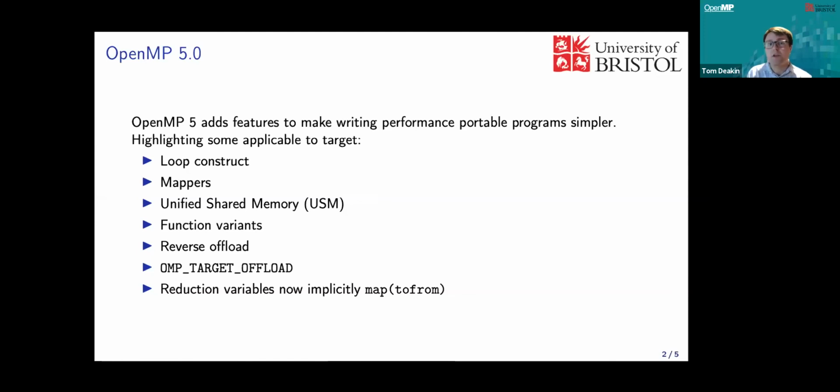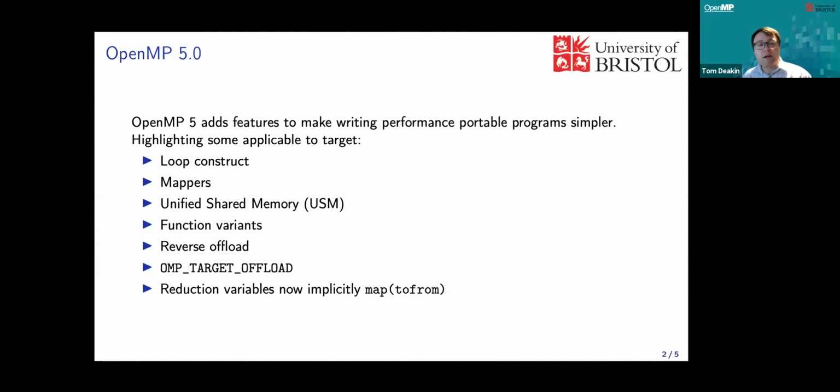On this slide, there are those main things. There's the loop construct that helps us express parallelism in a more character-friendly way, in fewer characters. There are mappers, which are really useful for C++ and derived data types. There's unified shared memory, which helps us initially start porting code to the GPU. We leverage hardware support for moving data between the host and the device, so we can remove all our map clauses at the expense of having to use unified shared memory.